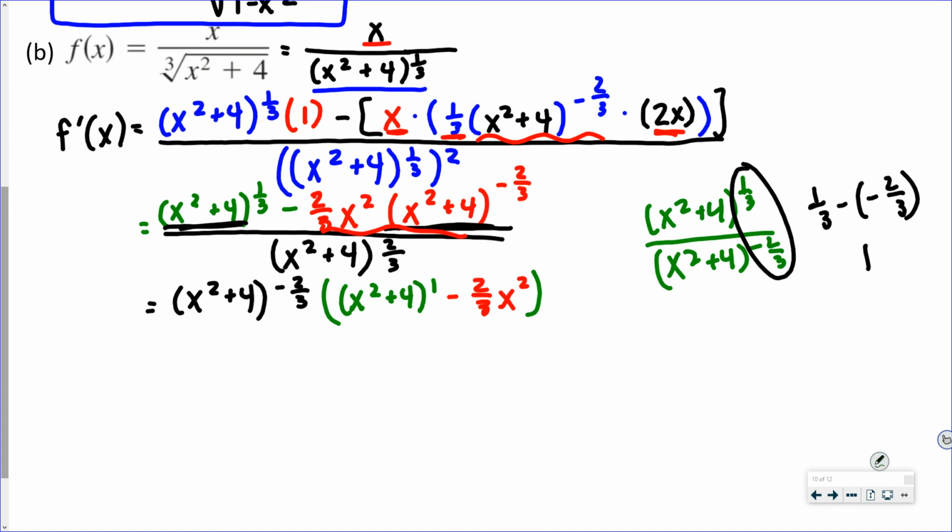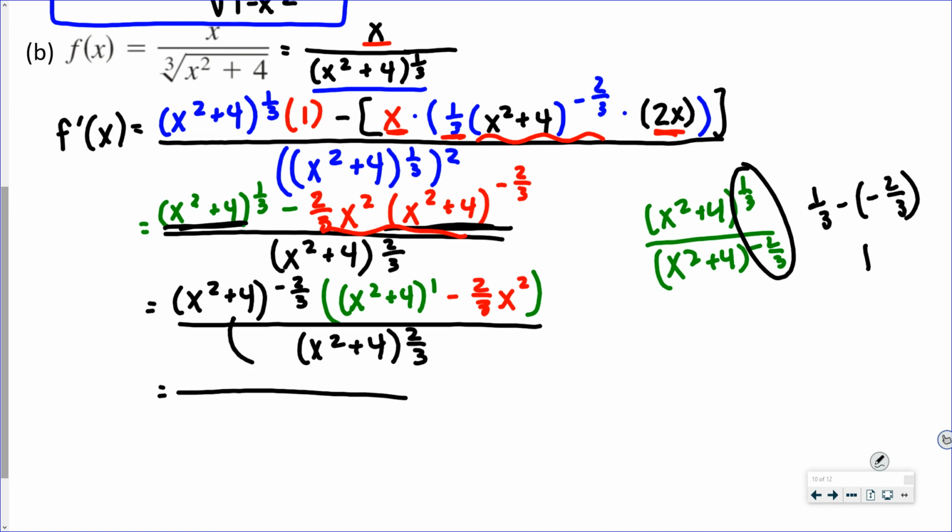Now what this allows me to do is now move this negative exponent downstairs. Which if I move that downstairs, I have x squared plus 4 to the positive 2/3, times x squared plus 4 to the 2/3.